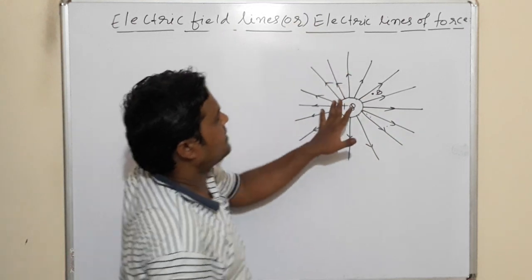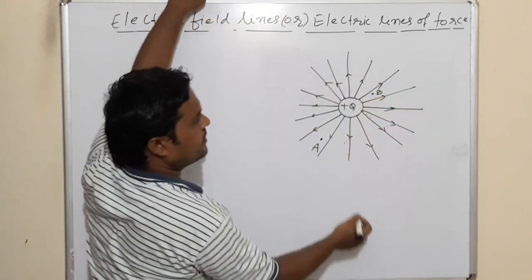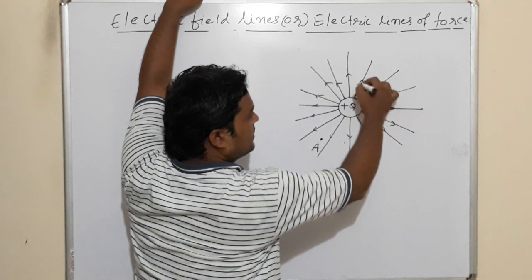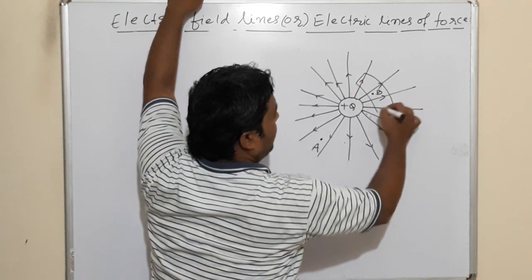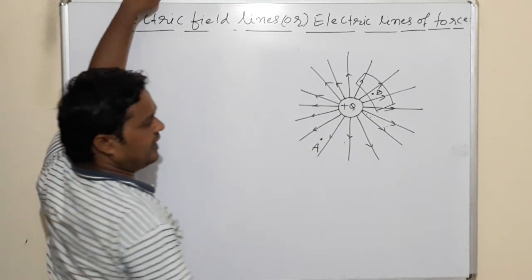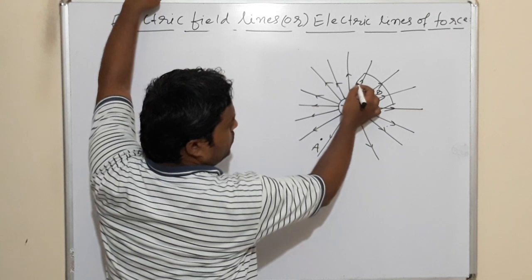See, lines are going like this. I am drawing the area perpendicular to these lines. If I draw a small area perpendicular to these lines, this much area, then I will draw an equal area here also.